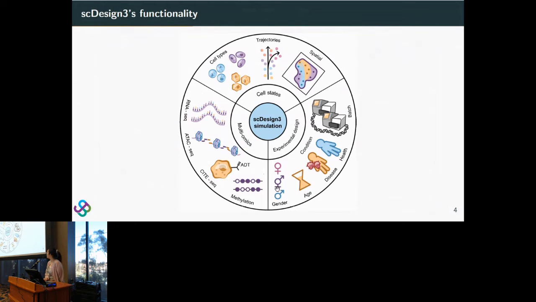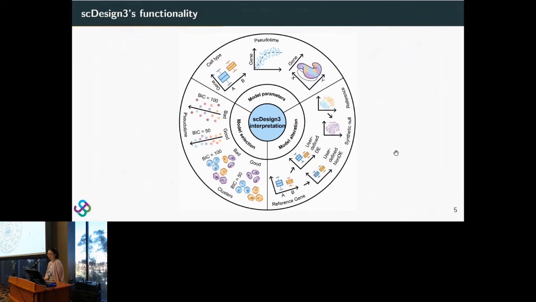Our simulator can also simulate data from different modalities, including scRNA-seq, ATAC-seq, CITE-seq, and DNA methylation data. Our model can also incorporate different experimental designs. For example, you can have patients with different gender, age, and health conditions. Cells can also be sequenced from different batches, and we are able to capture, or you can remove, this batch effect during the data simulation process.